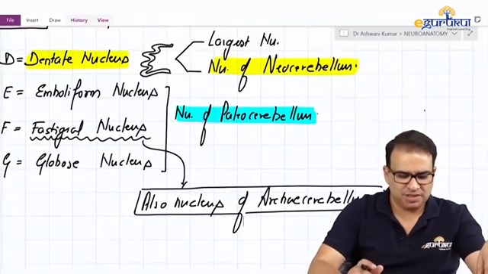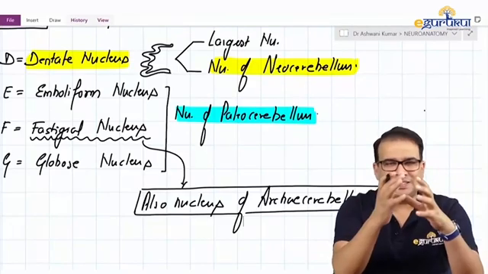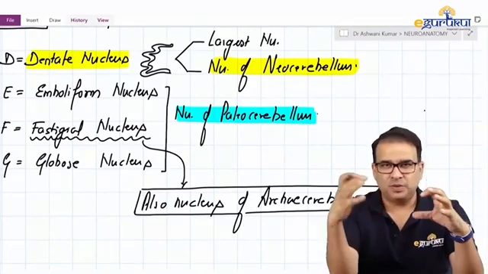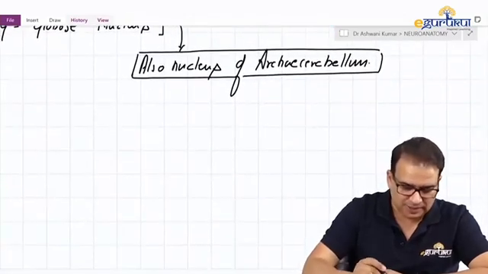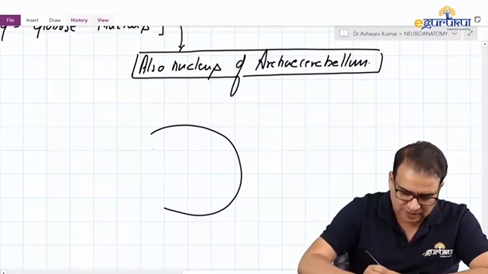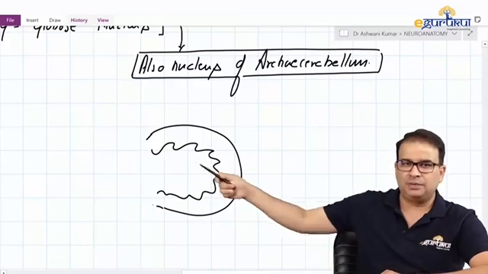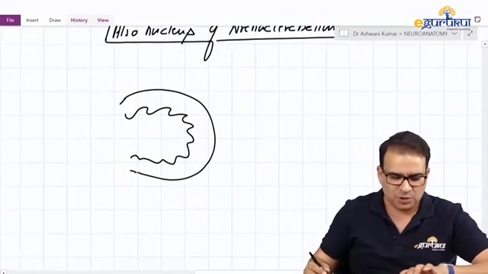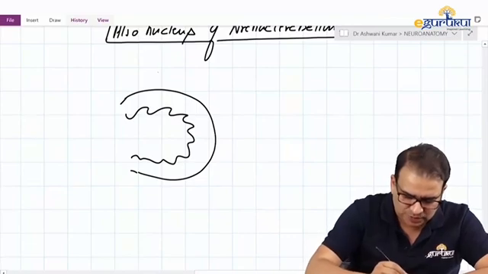So this is just the introduction about the nuclei. Now coming to how these nuclei are placed anatomically, which one is lateral, which one is more medial, because they do ask this question. Let's say I'm roughly drawing this cerebellum, and that is the cortex part, and in between we have the gray matter.